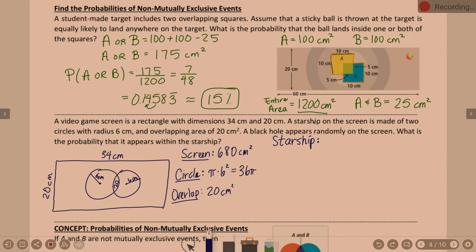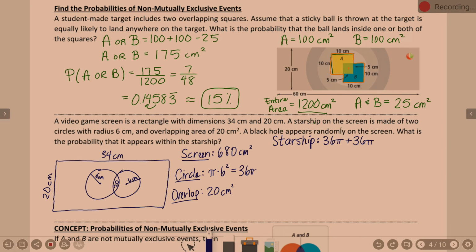What do you know about the area of the starship? There's 2 36 pis, so 36 pi plus 36 pi, circle plus circle, is going to be 72 pi.